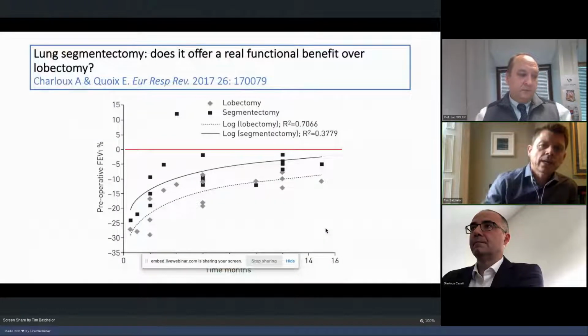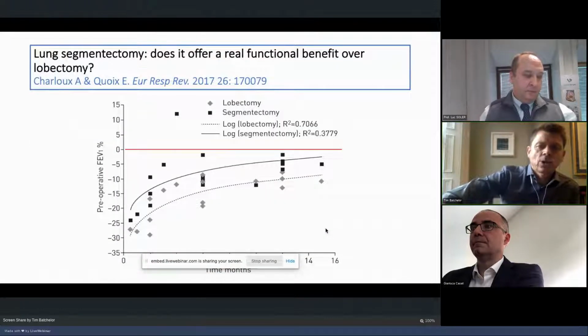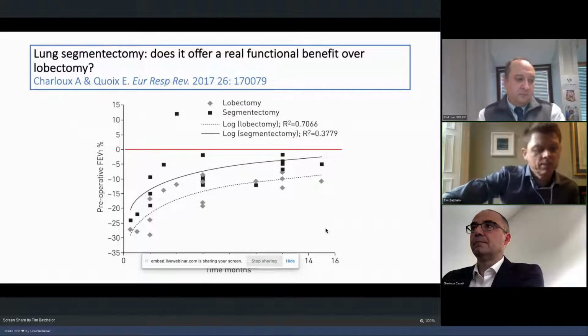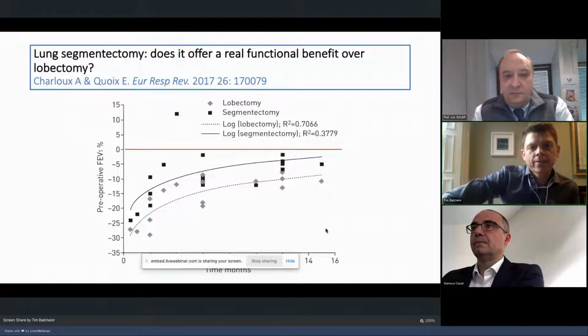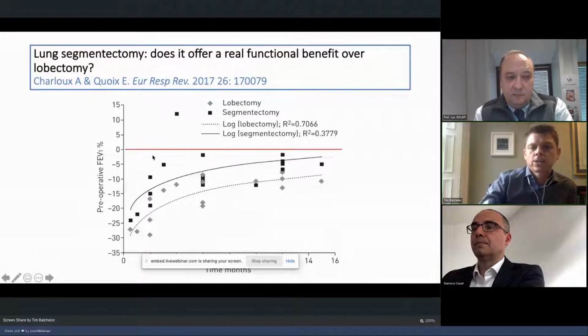So just quickly, before we finish, talking about preservation of lung function, because ultimately this is why we're doing a segmentectomy. This is a nice paper trying to summarize all the evidence so far. This is lung function after lung resection.